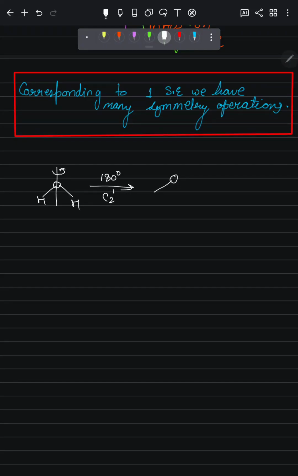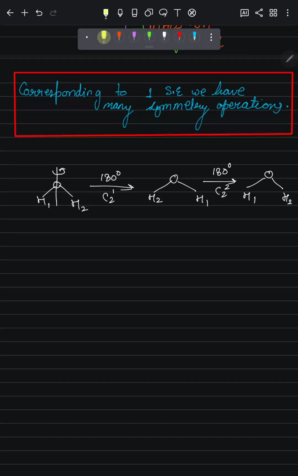If we label this hydrogen as 1 and this hydrogen as 2, then after 180 degree rotation, this hydrogen will come here and this hydrogen will come here. And if we apply 180 degree rotation again, C2 squared, then the identical structure of water comes back with the same hydrogens present.